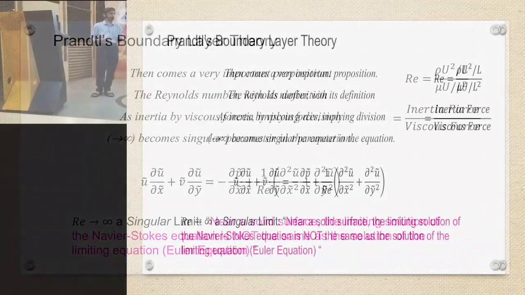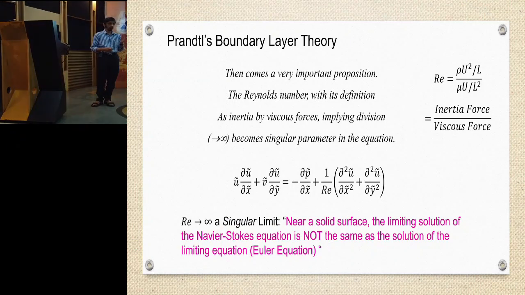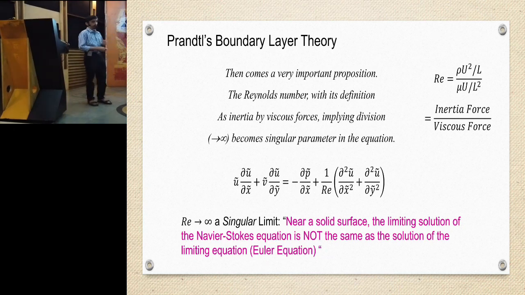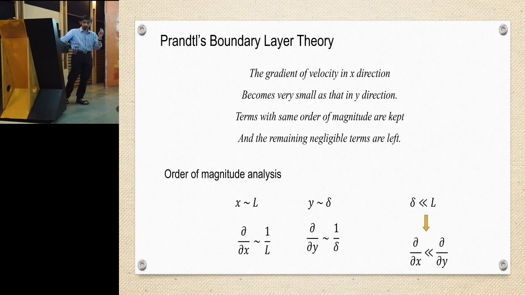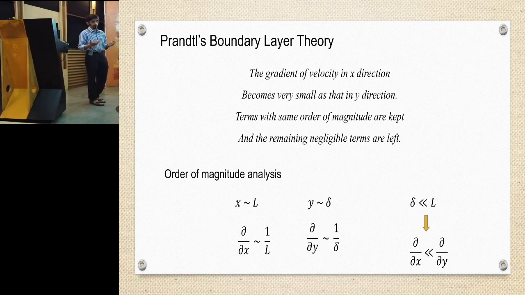So the limiting solution of the Navier-Stokes equation is not the same as the solution of the limiting equation. And that is called a singular limit. You don't have to remember or understand everything, but it's a very important concept when you deal with asymptotic limits. So Re tending to infinity is an asymptotic limit.